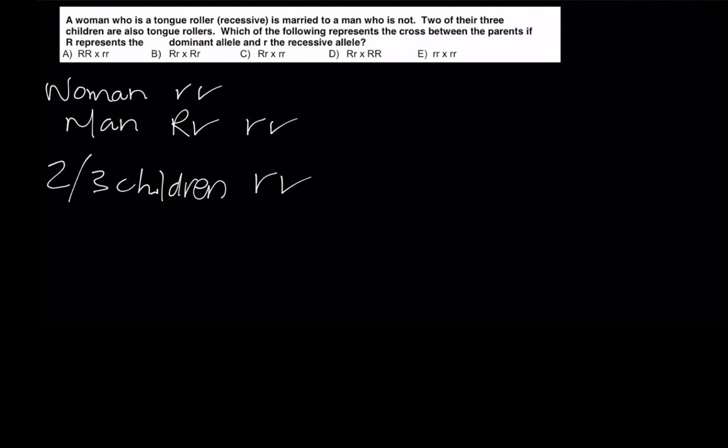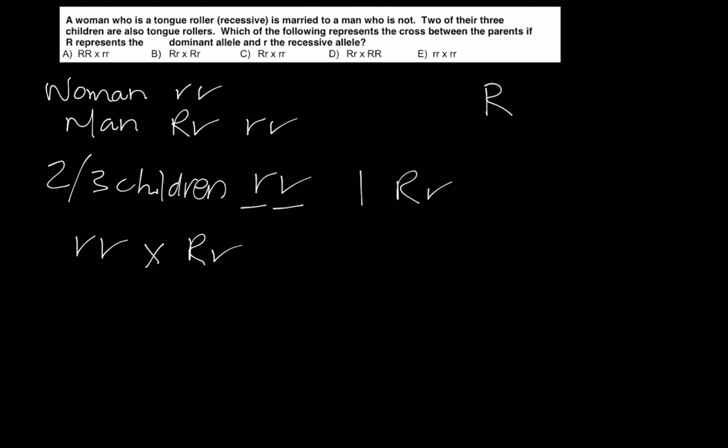And we know that based on genetics, one allele will come from each parent. So one from the father, one from the mother, which means that the mom, which we already have as homozygous recessive, we'll cross that with the father, which has to be heterozygous because one child will be heterozygous for the trait, meaning that they're not able to roll their tongue.